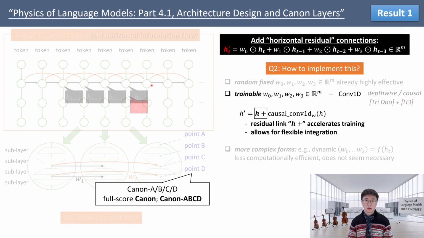For the reference of this talk, I'm only focusing on this particular implementation because I want to show you where to add such Canon layers and what the contributions of such Canon layers are. I'm going to leave it as future work how to implement it faster or more TPU or GPU friendly and so on.